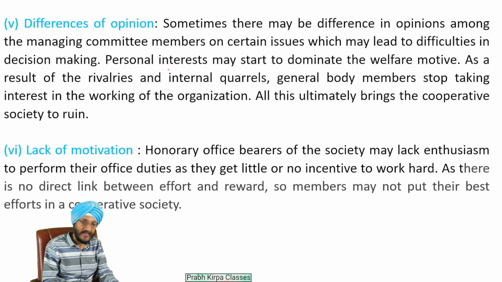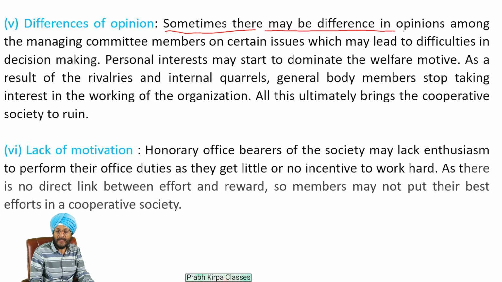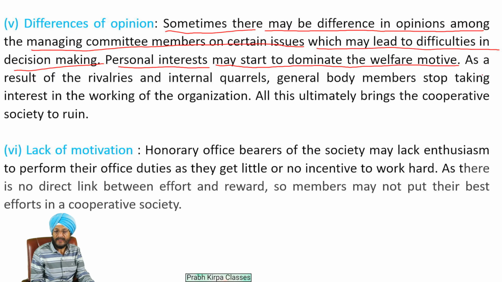Next point is difference of opinion. Sometimes there may be differences in opinions among the management committee members on certain issues, which may lead to difficulties in decision making. Personal interests of some of the members of the management committee may start to dominate the welfare motive.